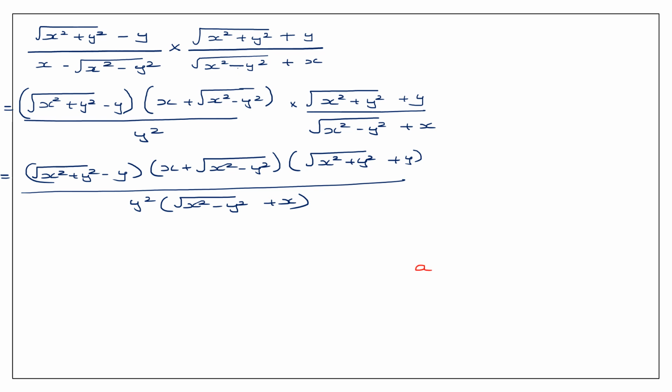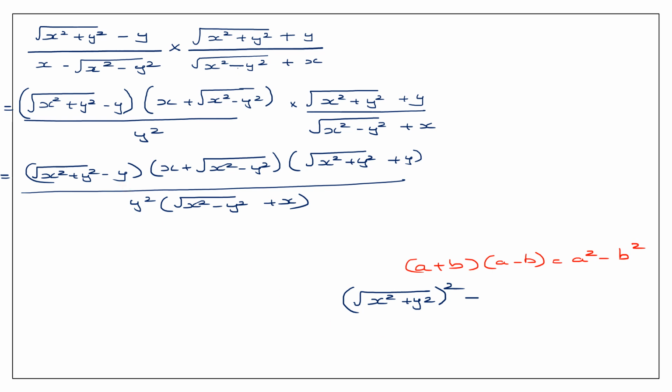So let's get a square here. The root of x square plus y square is a. So a square means the square of this, minus b square. And what is b? B is y.